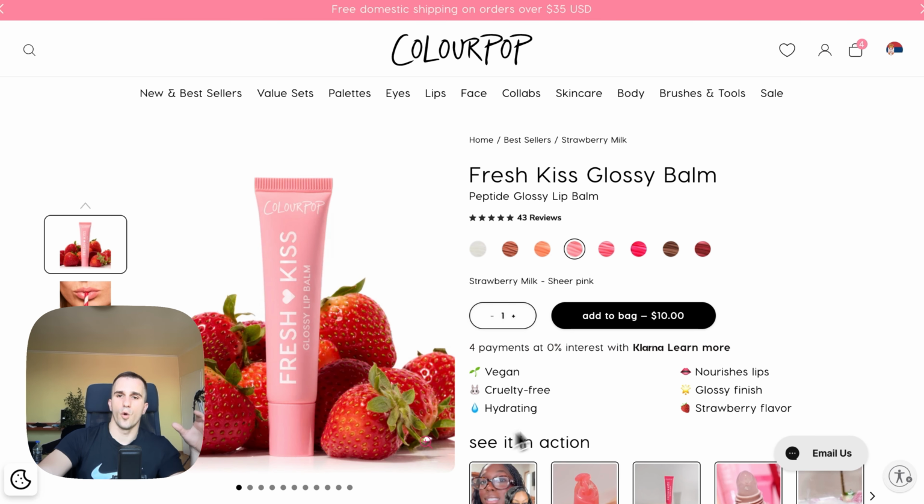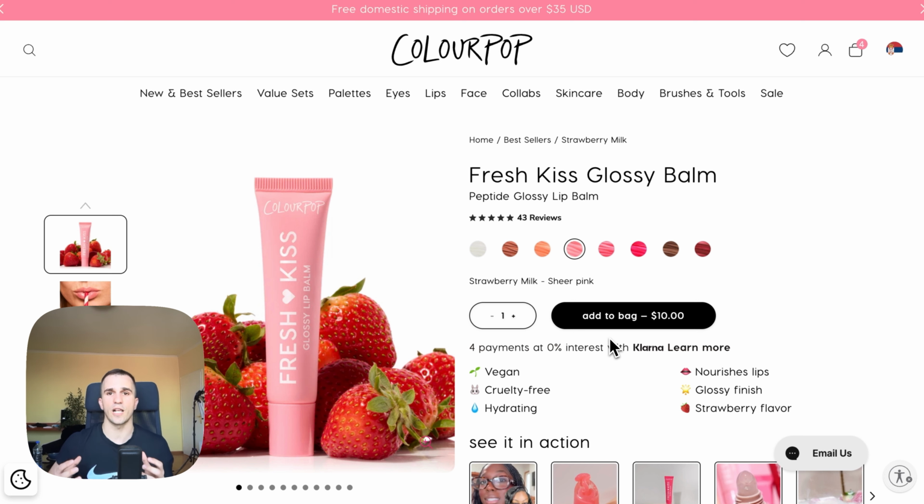Now, regarding offers, it's not enough to make them easy to understand, you also want to make them appealing to your customers. And one of the best ways to reduce that cognitive load and cognitive friction is to make it easier and less painful for your customers to pay for your product. In this example, just below the add to bag, you can see we have 4 payments at 0% interest with Klarna. So even though this product is very cheap and easy to buy, they're still offering payment in installments for it.